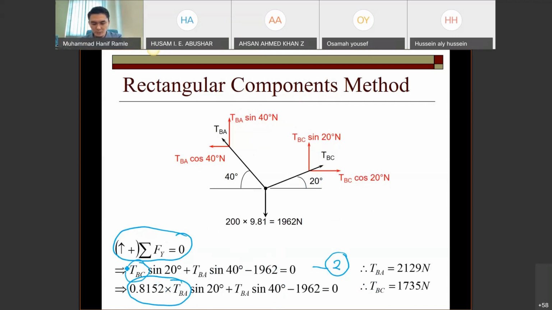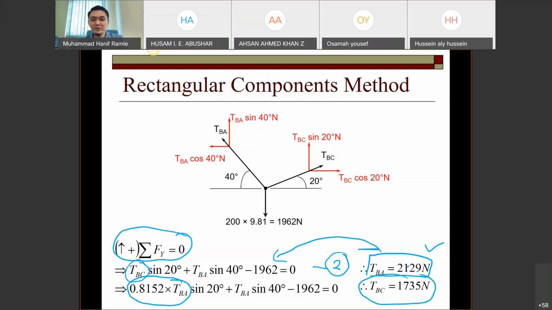Then finally you will get the answer for TBA first. And then substitute this value into this one, you will get TBC. All right, easy, right?